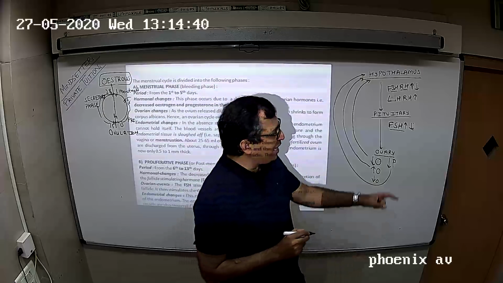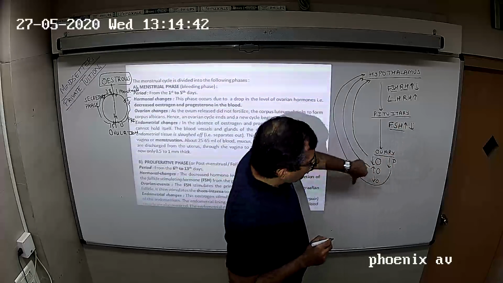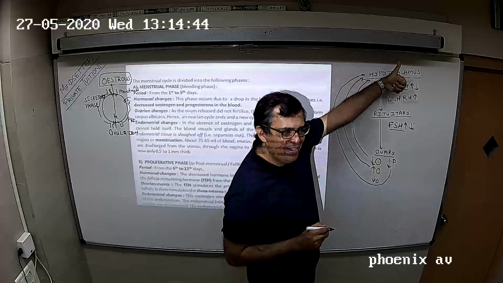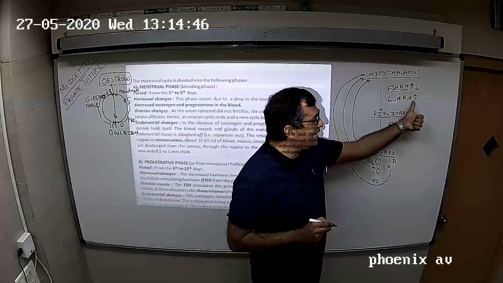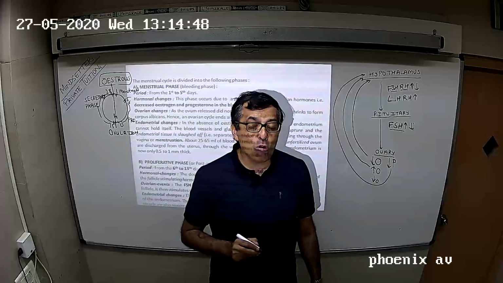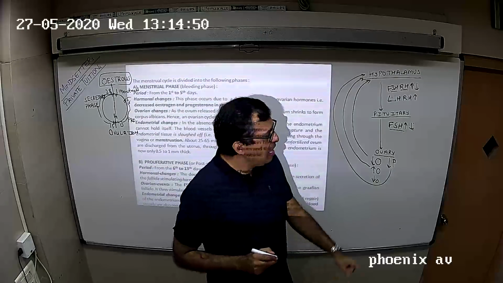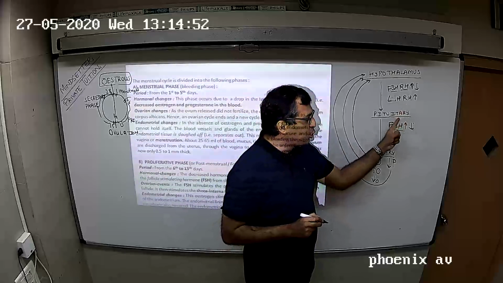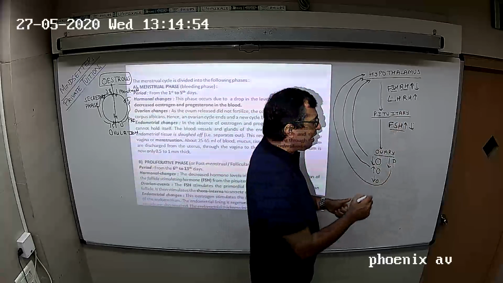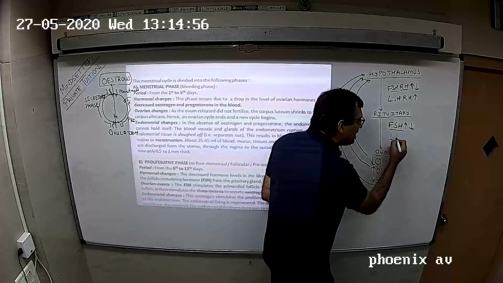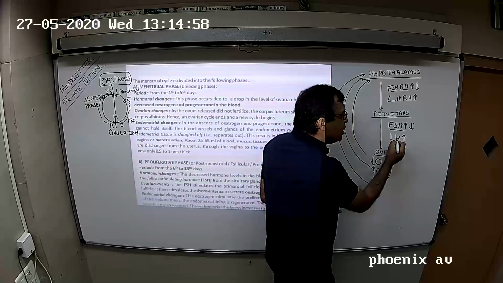So what does hypothalamus give? Less progesterone gives a positive feedback and hypothalamus gives luteinizing hormone releasing hormone which will act on the pituitary and the pituitary will give out luteinizing hormone.